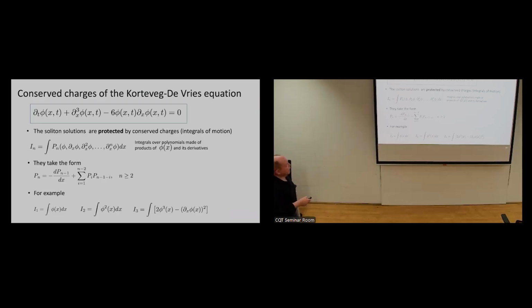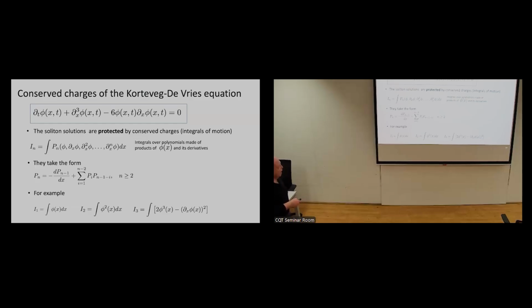So the conserved charge is a local charge, but made out of the derivatives and product of the function, and you can generate them by a recursive formula. What happens then, these conservation laws are maintained in time.